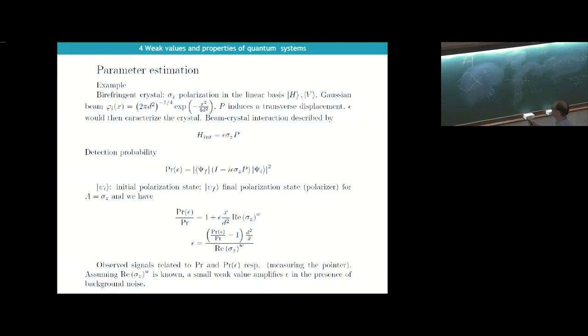Then you will do detection here, so you post-select on the polarization, and then at some position x you will find the beam. In principle, you integrate over all the x points. I didn't do this here, but basically it's just to show you how it can work. The probability is of course proportional to the intensity of the beam you will measure. And from this, you can retrieve epsilon, and this depends on the weak value of your polarization operator. So if this is small, then you can amplify and find epsilon.